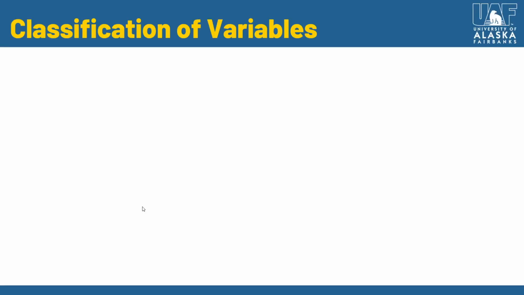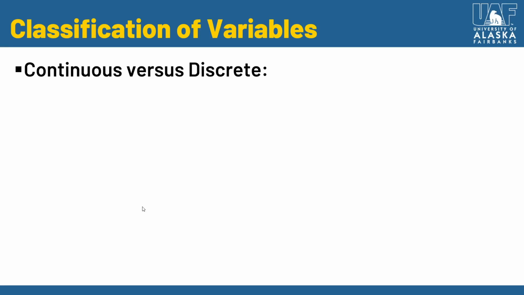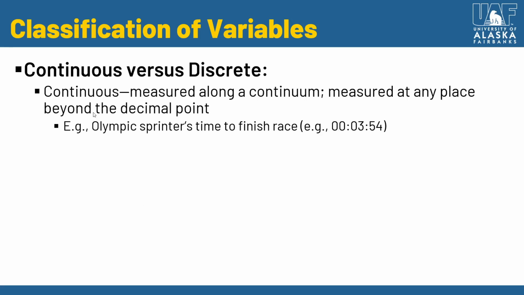Classification of variables, kind of just expanding on what we just talked about. Variables can be continuous or they can be discrete. Continuous means that they're measured along a continuum, so any place beyond the decimal point. In other words, you can think of this as like a ruler, right?